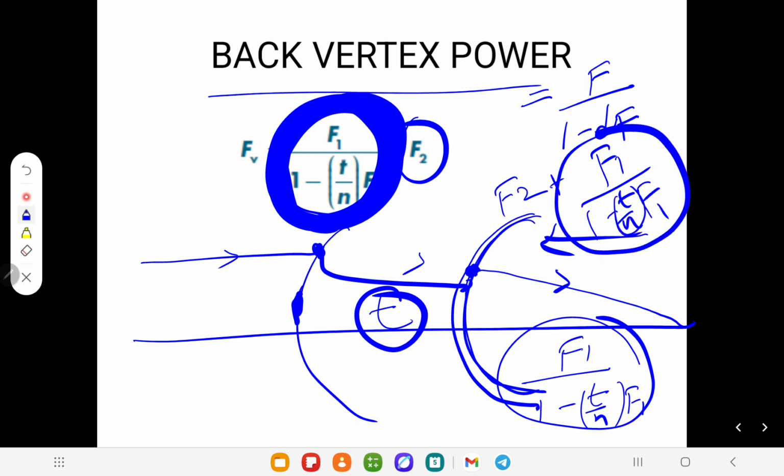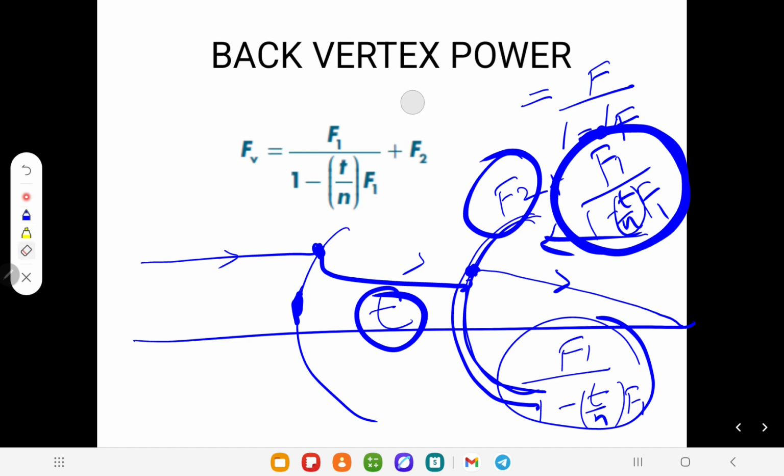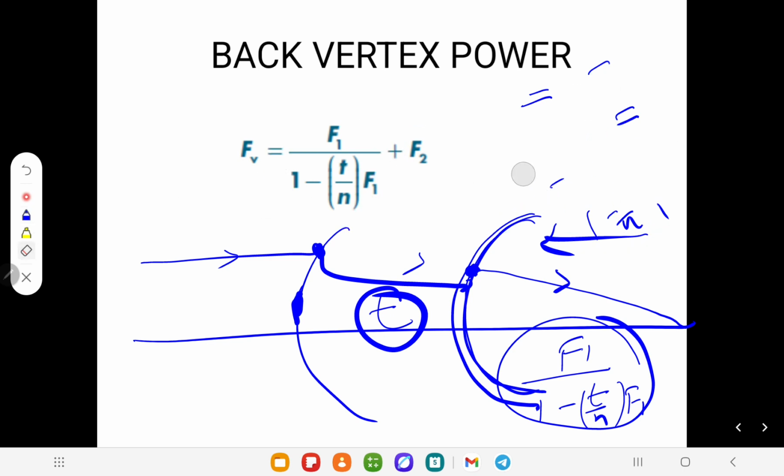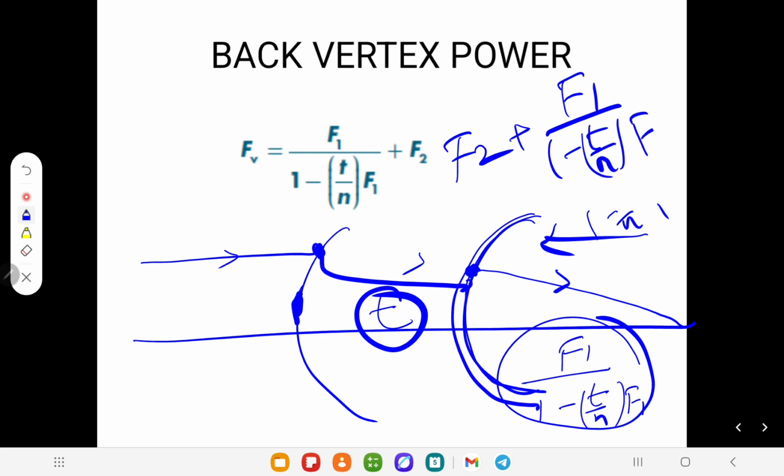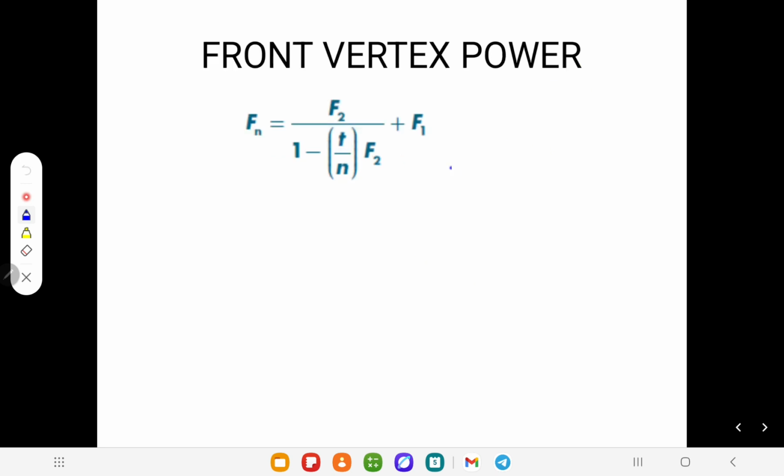So this formula always contains F1, F1, F1, and F2 is untouched in case of back vertex power. In case of back vertex power, just think of only one thing: first add F2, doesn't matter, then the reduced vergence of F1. This is the reduced vergence of F1 formula. Isn't it simple?